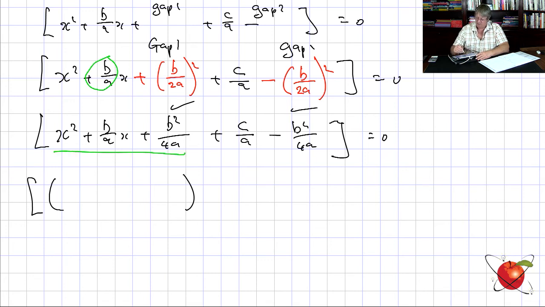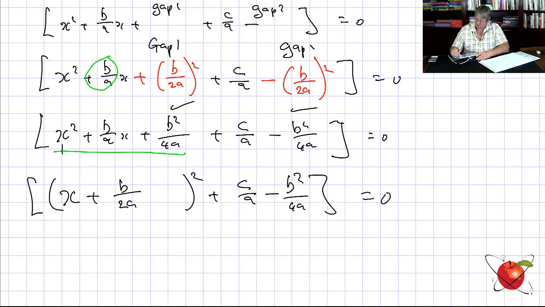How does that factorize? That factorizes into an x, that's the square root of that, plus the square root of this, which is b over 2a, squared, minus b squared over 4a, and now that equals 0.